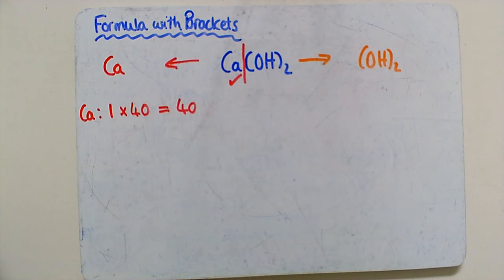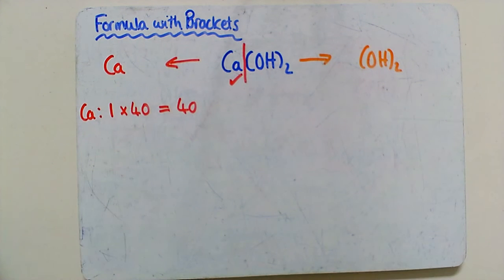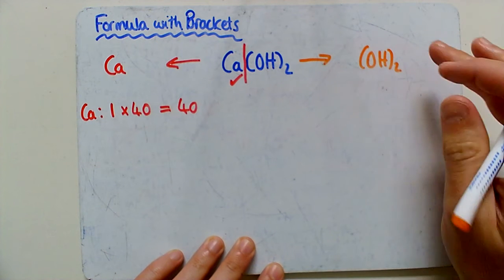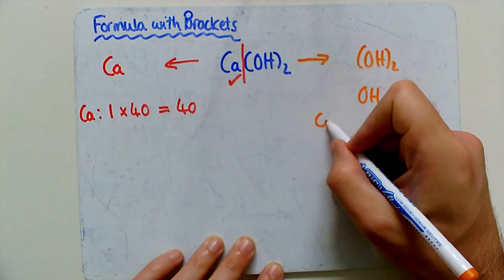Now what we need to do is look at the other side, and this is where the bracket comes in and it can be a bit confusing. One way to make it easy is to just replace the bracket with something else. What we're going to do is remove the bracket, so it's just OH, and we're going to do our normal formula.